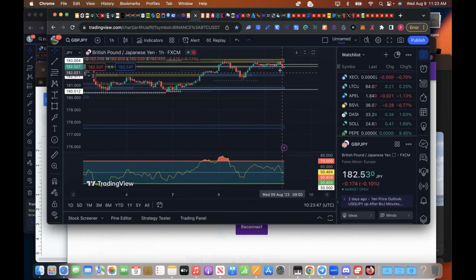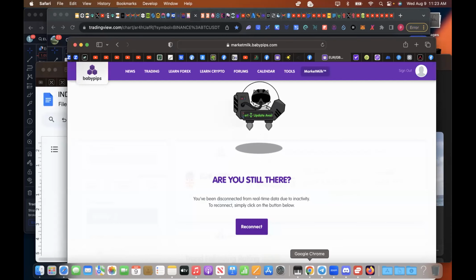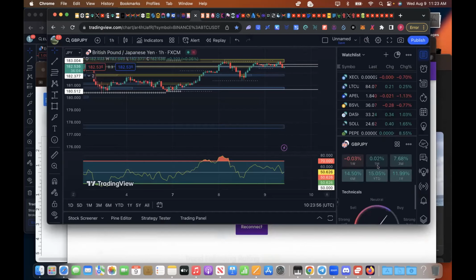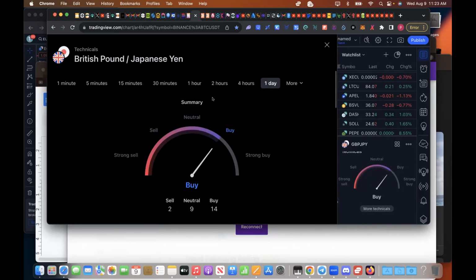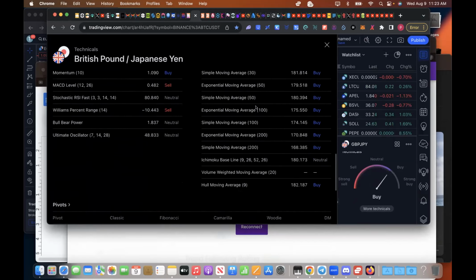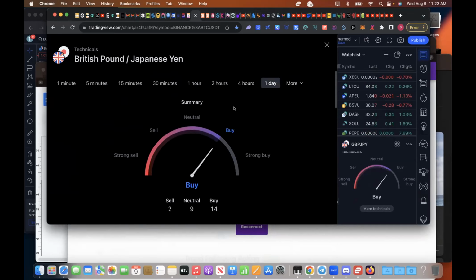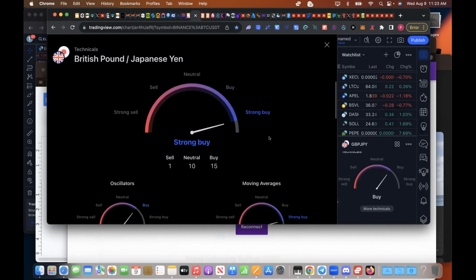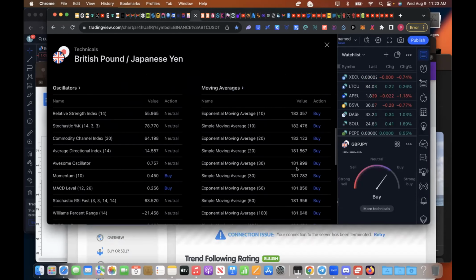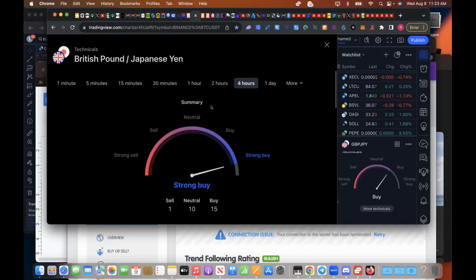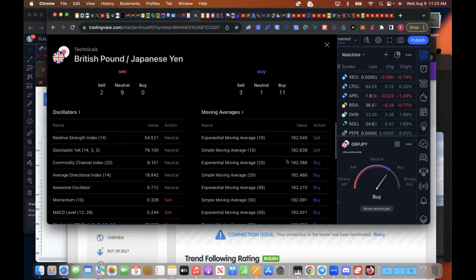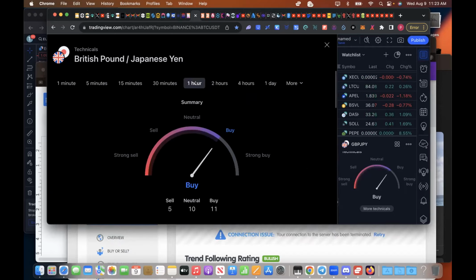So let's confirm some things. Let me look at the sentiment for JPY. For 1 day it's still showing buy, but if you can see the region of people waiting to buy, that means the market should crash down to those regions eventually. Strong buy on 4 hours. Let's go 2 hours, 1 hour, 30 minutes.